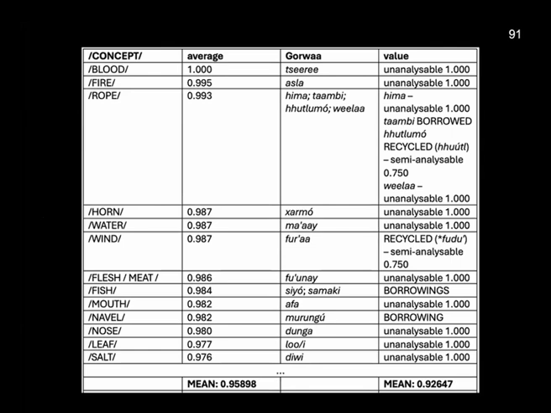So I compare each nominal form on their 100-word list, also known as the Leipzig-Jakarta list, with Gorwaa words, and then I did two things. I found the mean of their average value for the 40 typologically and geographically diverse languages of their sample, which was 0.95898, and then I found the mean of the Gorwaa forms, which was 0.92647.